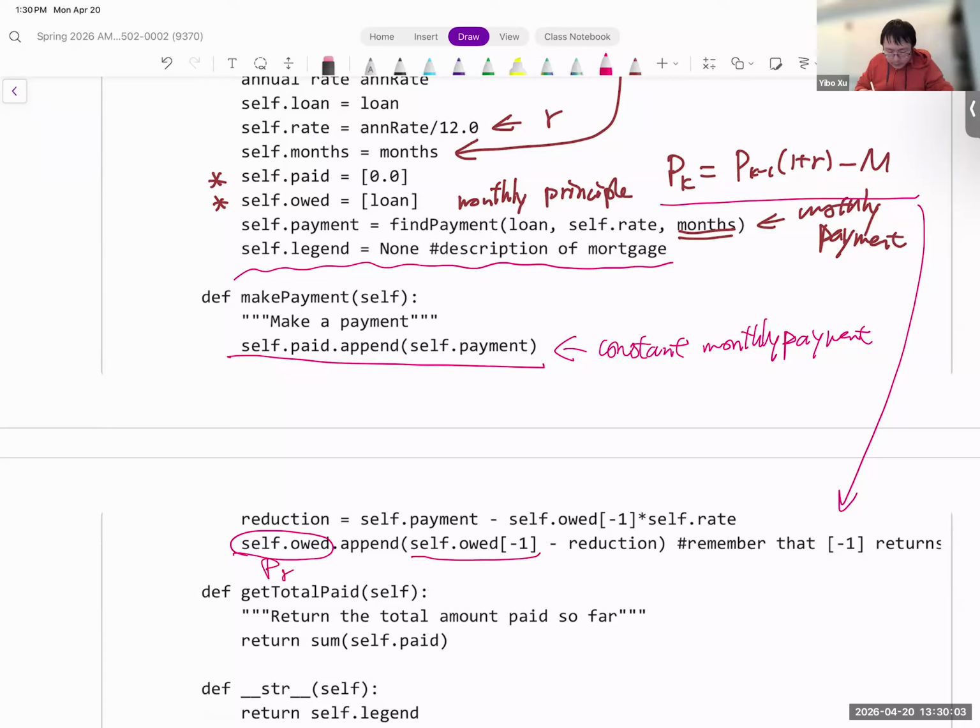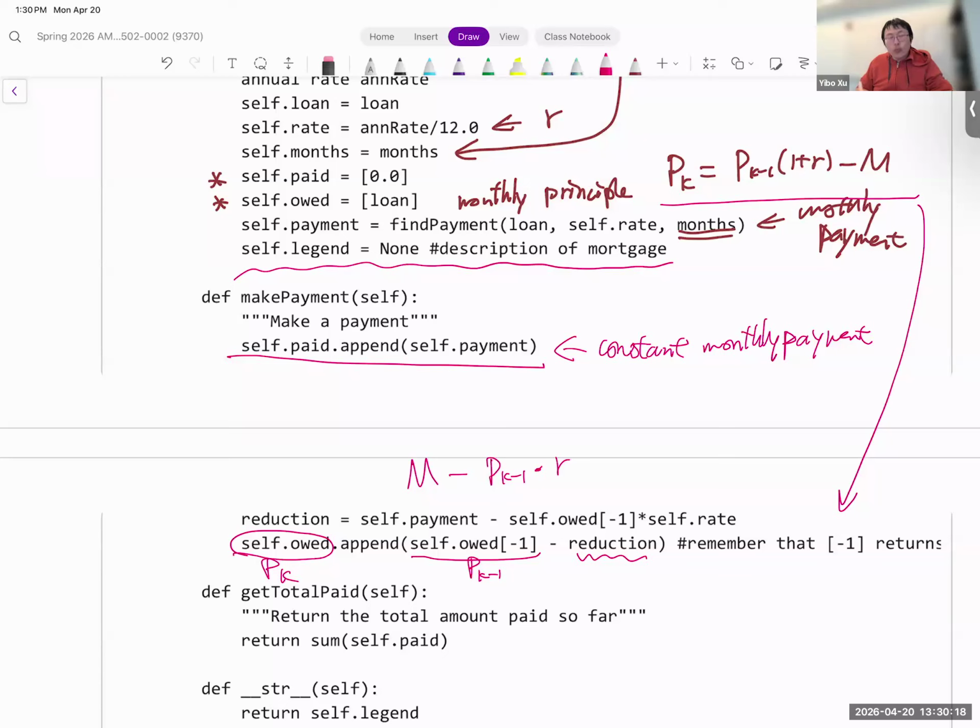You can say this is my PK minus 1. And the reduction here is calculated as M minus PK minus 1 multiplied by the interest rate.